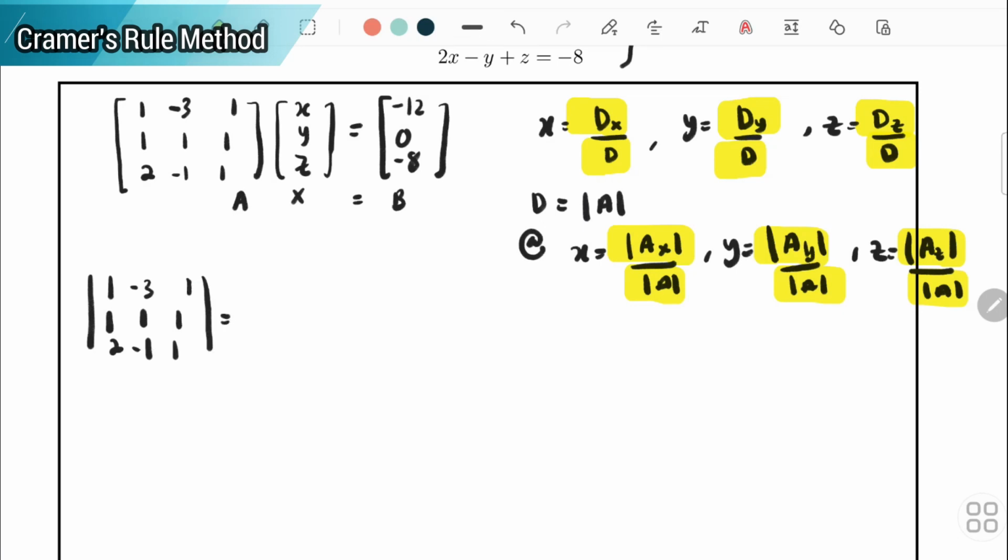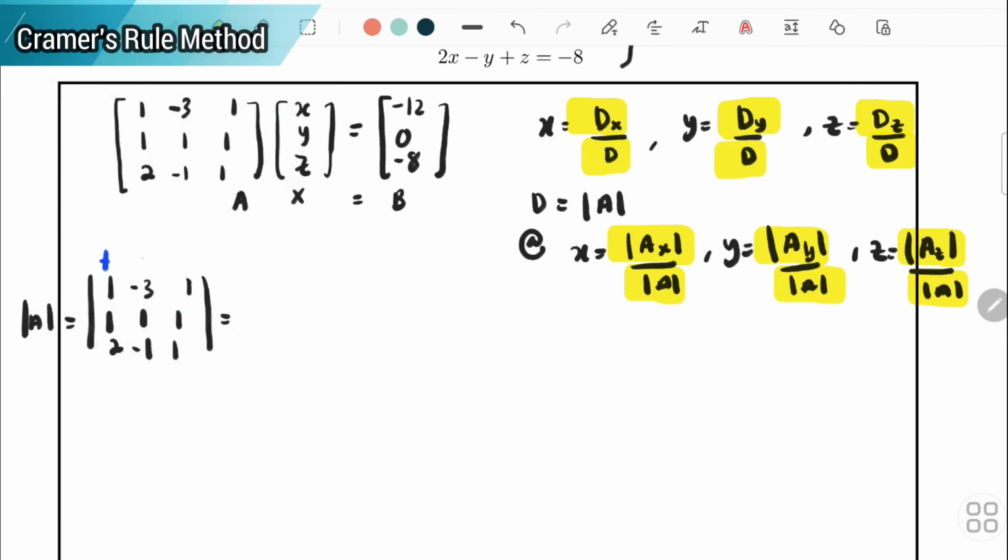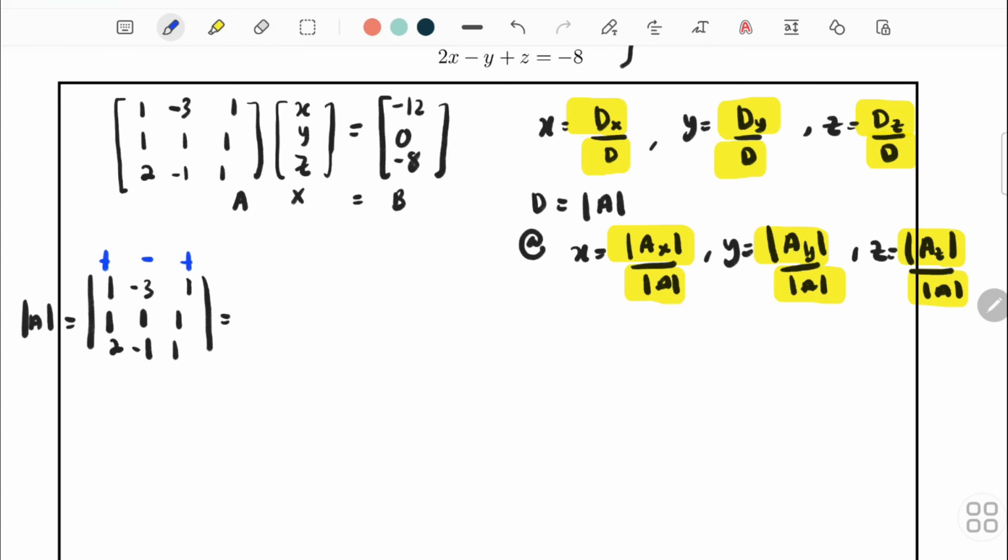If you use the expansion along the first row, the signs should be positive, negative, positive. This is the alternating sign of the cofactors.